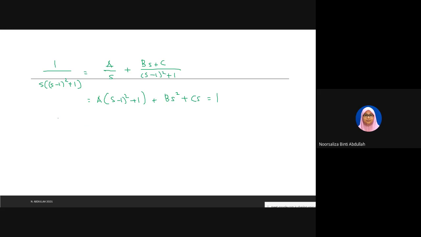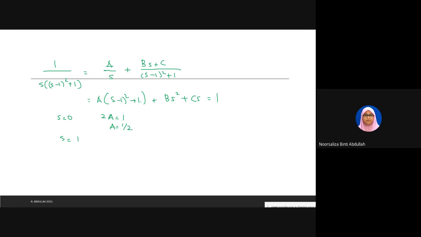If your s equals to 0, so kalau s equals to 0, b and c 0, a will be 0 minus 1 squared plus 1, jadi 2a equals to 1 and a equals to half. Next, you can use any value, so let's say s equals to 1. This one will be 1 minus 1, 0.